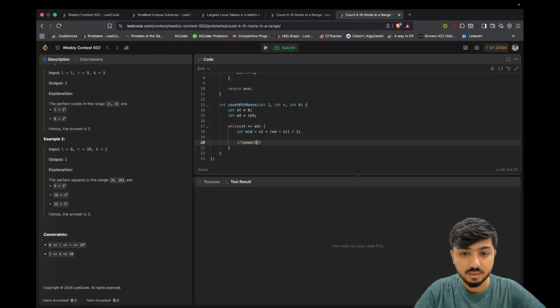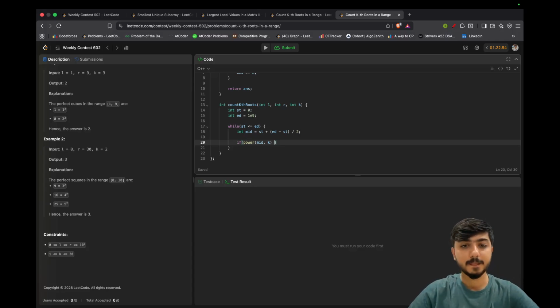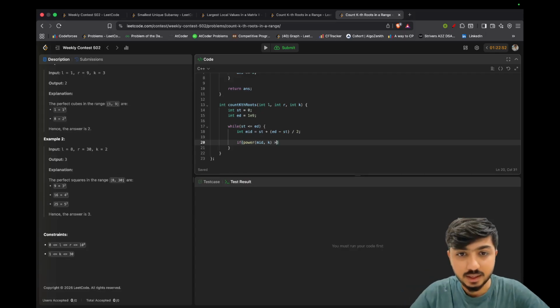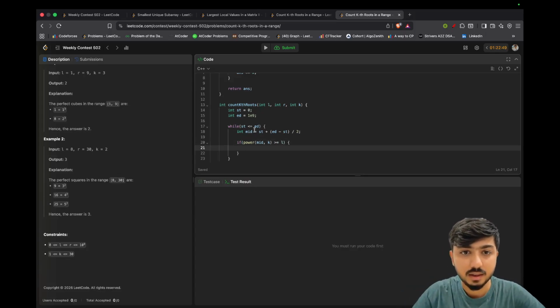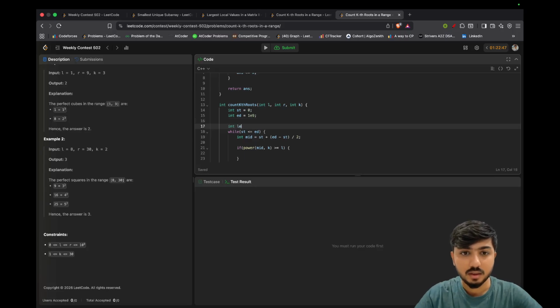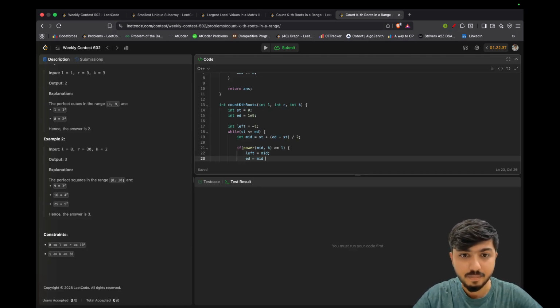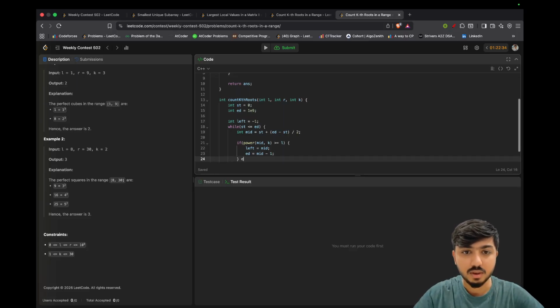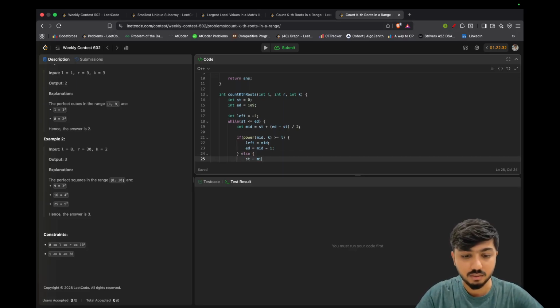If power of mid into x is greater than equal to L, left is equal to -1, then left is equal to mid and end is equal to mid minus 1, else start is equal to mid plus 1.